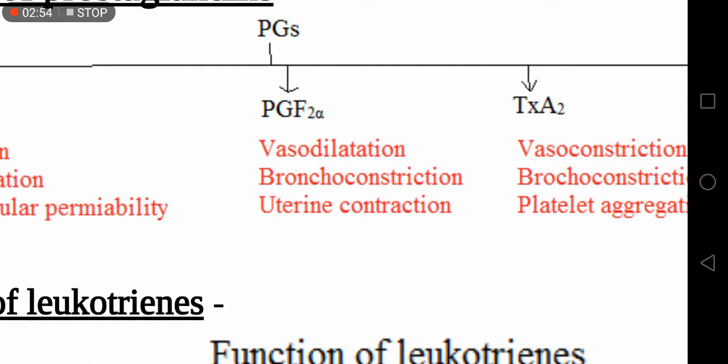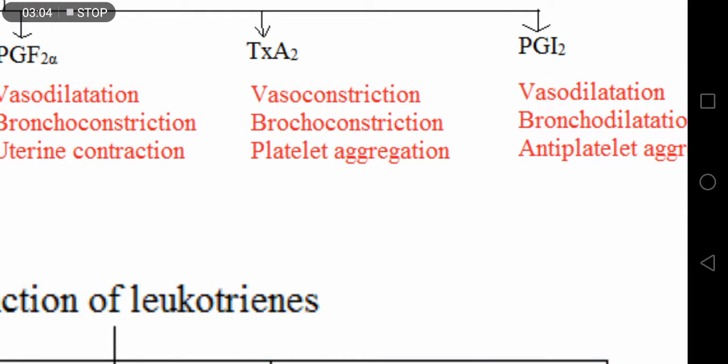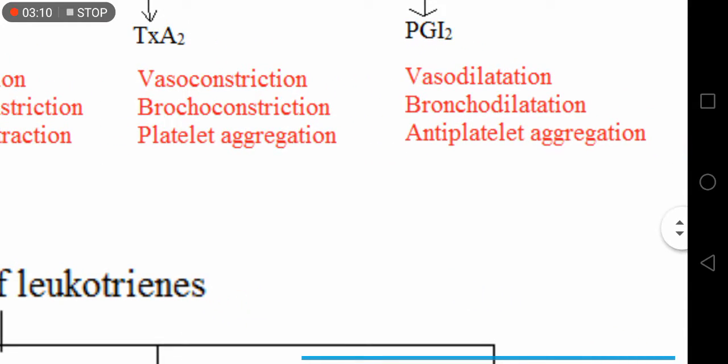Prostaglandin F2 alpha causes vasodilatation, bronchoconstriction, and is responsible for uterine contraction. Then thromboxane A2 causes vasoconstriction, bronchoconstriction, and platelet aggregation. And prostaglandin I2 causes vasodilatation, bronchodilation, and antiplatelet aggregation.